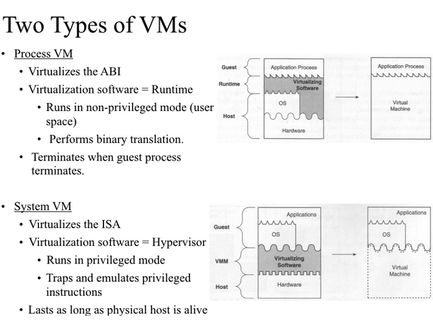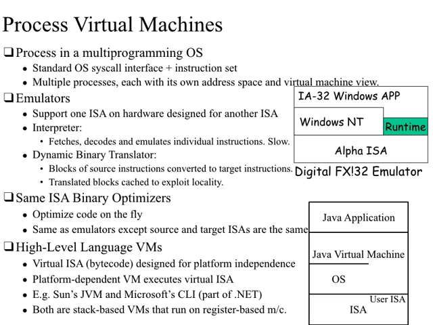So, let's look at some classifications of process virtual machines. The traditional processes that we have learned in this course are themselves a runtime for the programs that you execute. So a multi-programming operating system provides a virtual execution environment for each process.